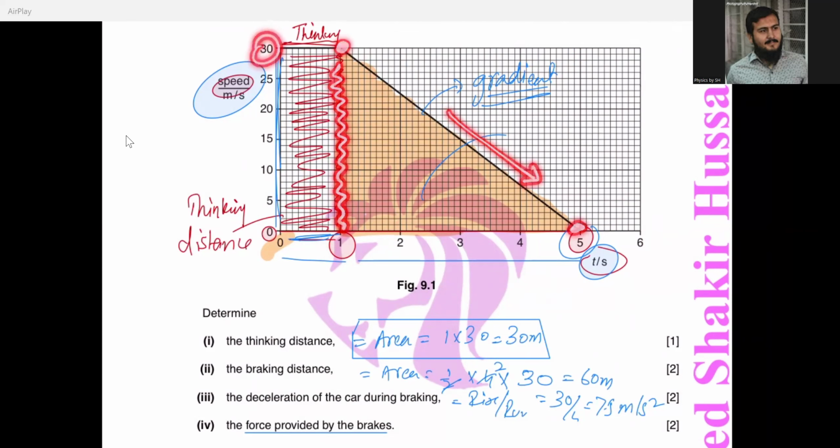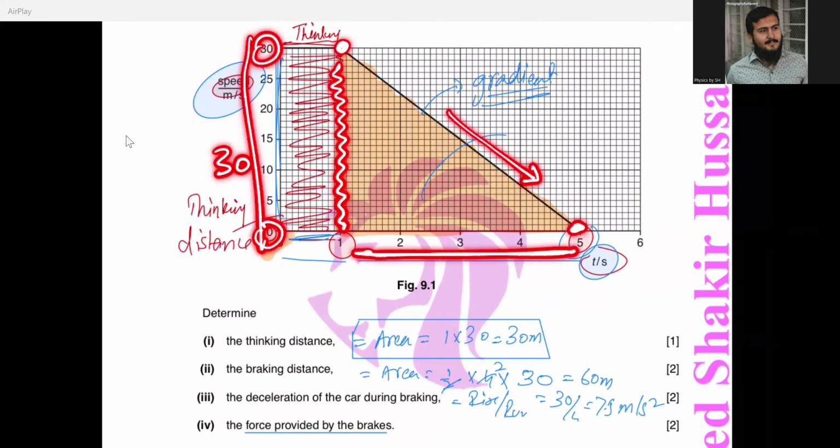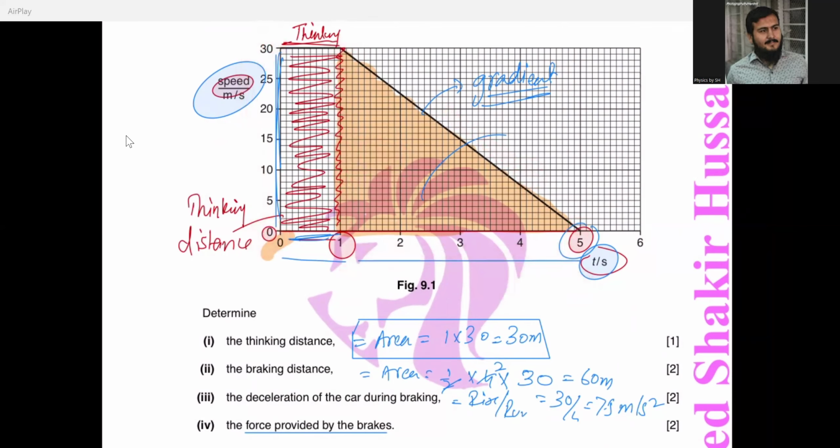From 30 to 0, so the change is simply 30. And what is the run? It means the change on the x-axis. It was at 1 and went to 5, so the change on the x-axis is 4. So this is the run, and this is the rise. Right? Okay, got it.